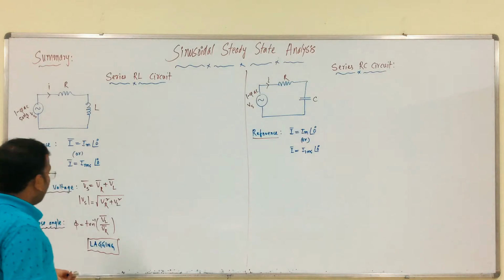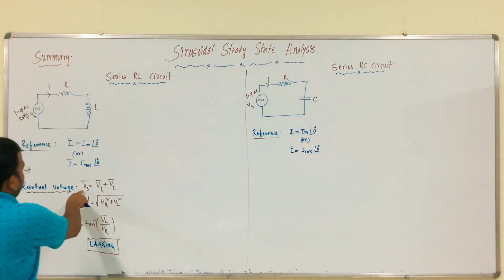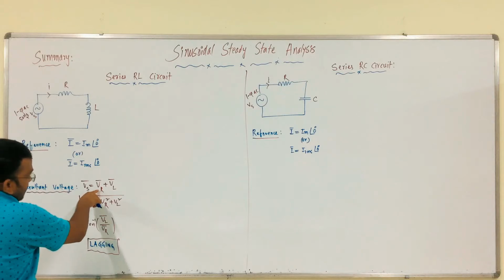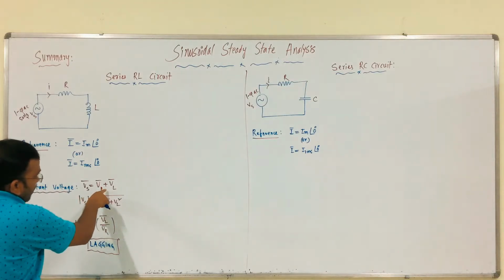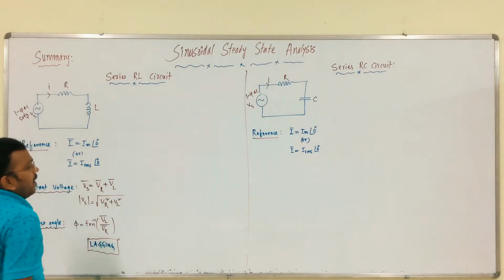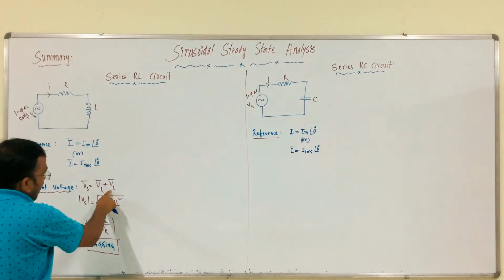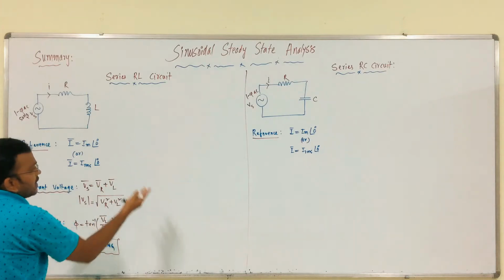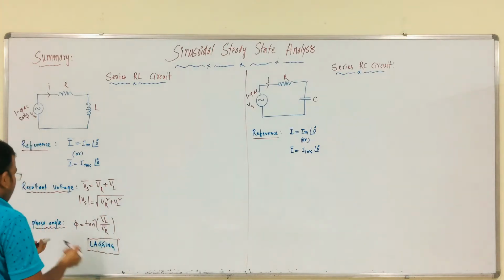Next, we have to get the impedance. Vs is what? I into Z. From this, I into R, and from this, I into J omega L. If we take I common, we get Z equals R plus J XL. That is it. That is the impedance.